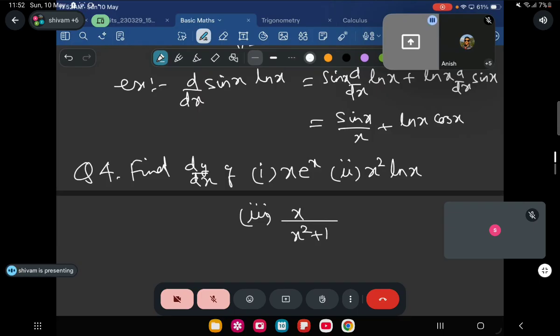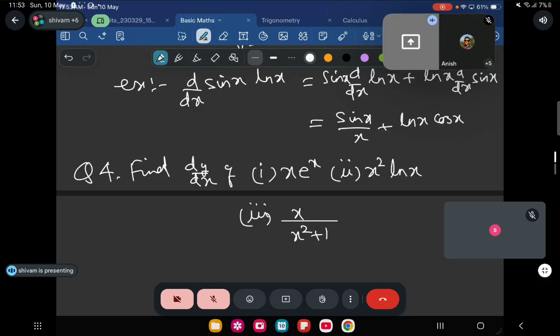You are differentiating x with respect to x. So in the third one, we can use the division rule.